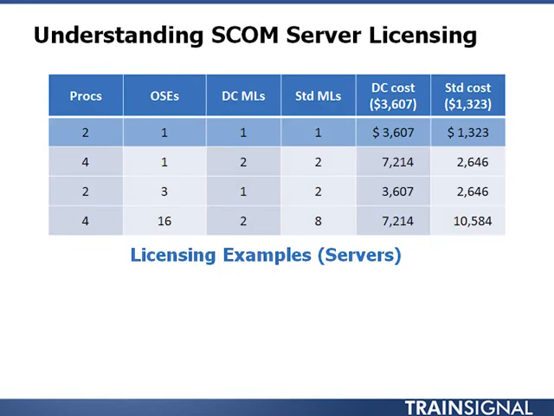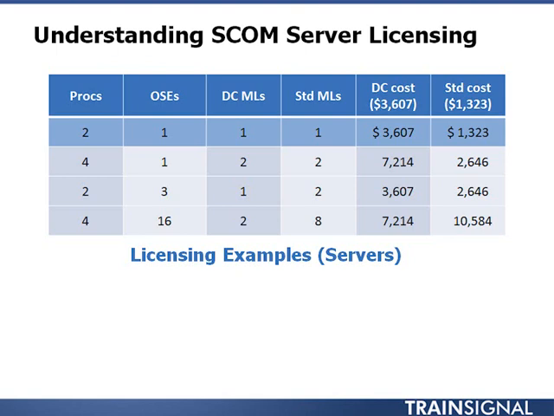As an example, suppose you have a 2-processor server with 1 operating system environment. You'd have to buy either 1 data center management license, which would allow you to monitor based on per processor, or 1 standard management license.